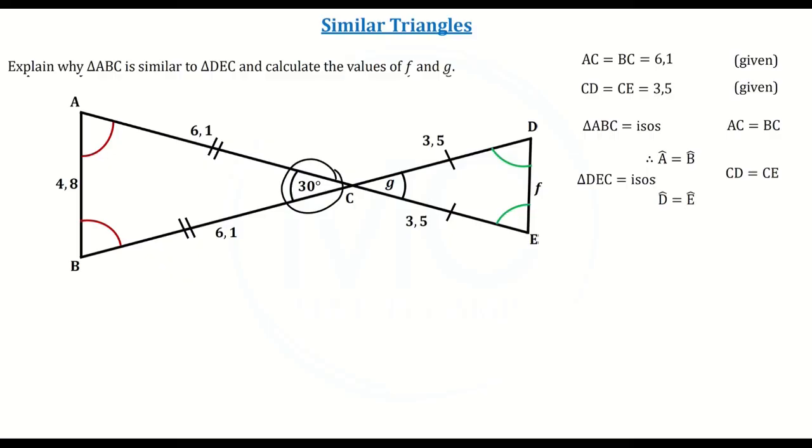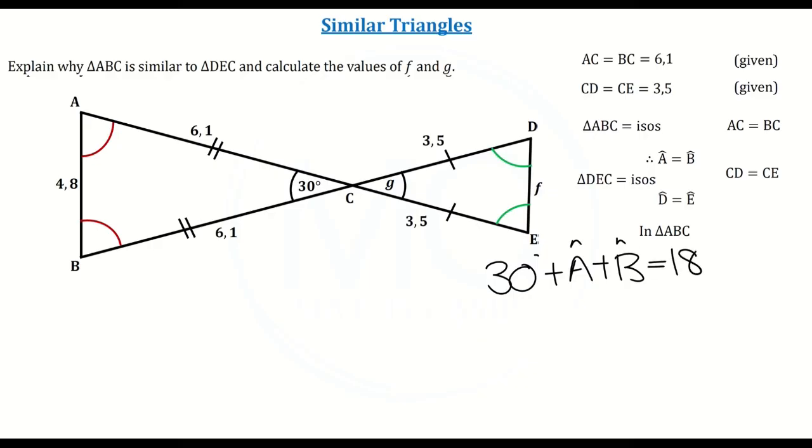So we can say in triangle ABC, 30 degrees plus angle A plus angle B is equal to 180 degrees, because the interior angles of a triangle add up to 180 degrees.